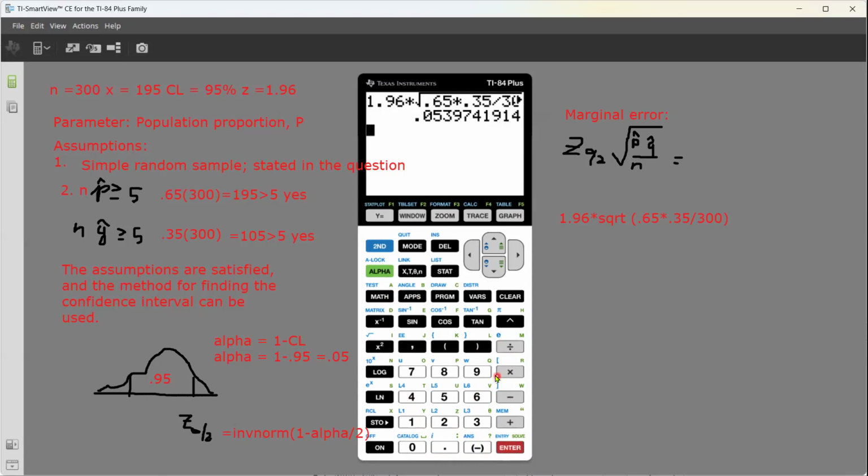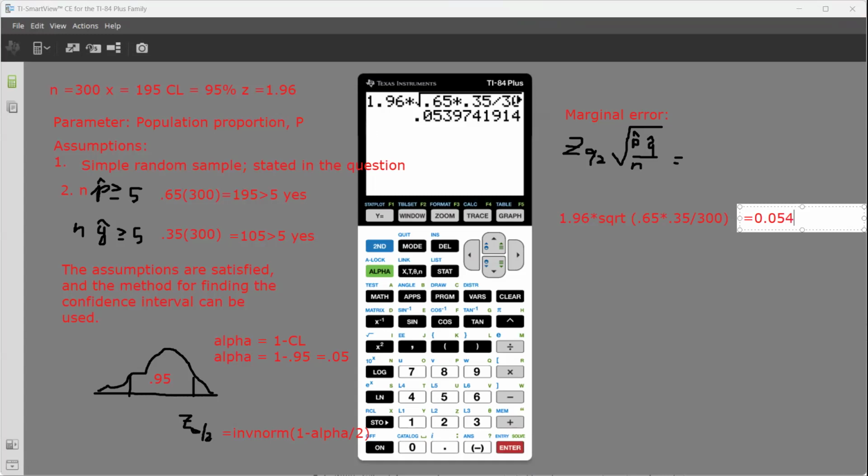And that is going to equal 0.053974. So usually we round this to 4 places. This is equal to 0.05397. So 39, there's a 7 behind the 9. The 9 technically becomes a 10. We don't have room for a 10.